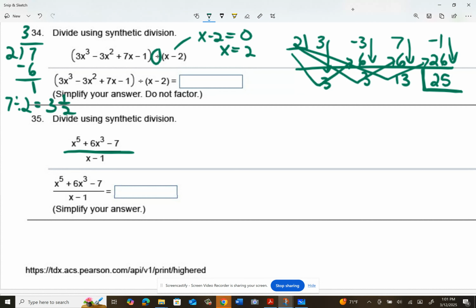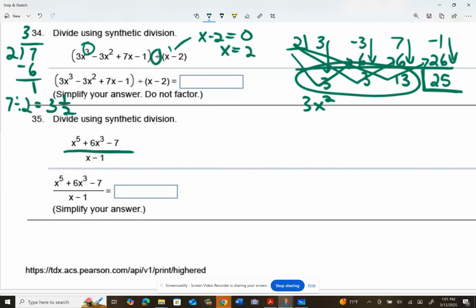The quotient is this part right here. So you're going to write that it's 3x squared, and it's x squared because I was dividing by x. I had an x cubed and I was dividing by x to the first, so that means that's going to be 3x squared, plus 3x plus the constant 13, but I had a remainder.